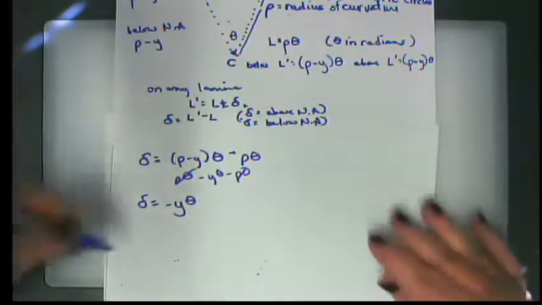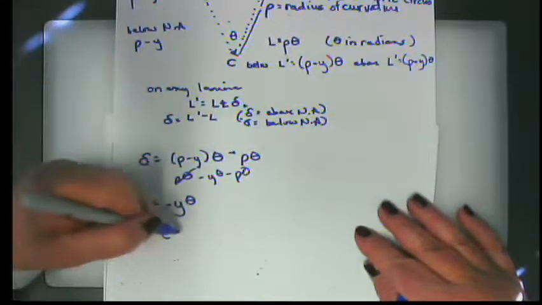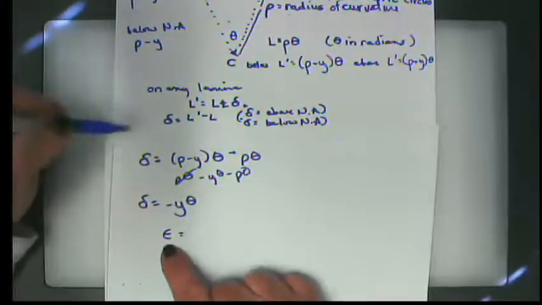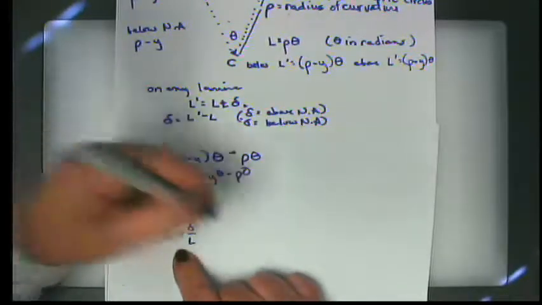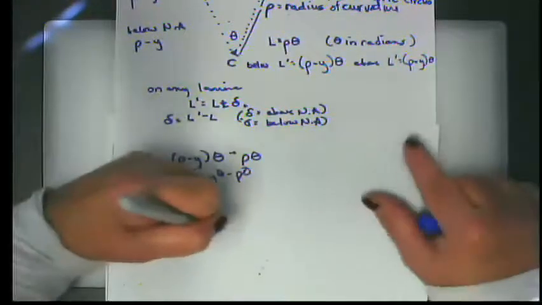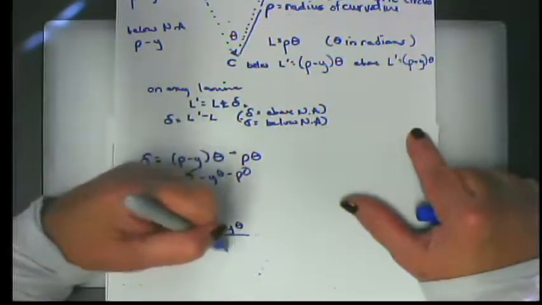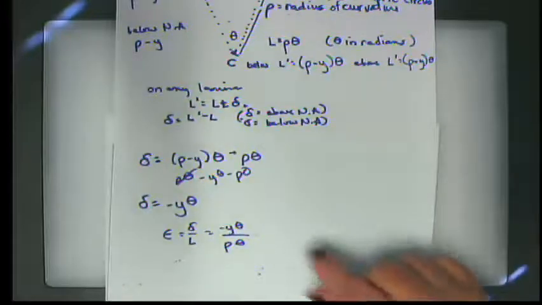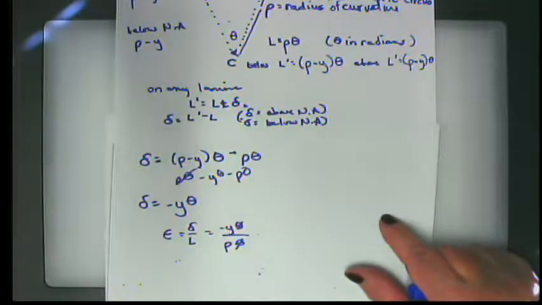Okay. We also further know that in general, for normal stress, epsilon, or the strain, is equal to del over L. And so in this case, if we substitute this in, we get minus y times theta over theta times rho, since L is rho theta. What we get then is we get rid of that angle theta, which is a real pesky thing to measure.